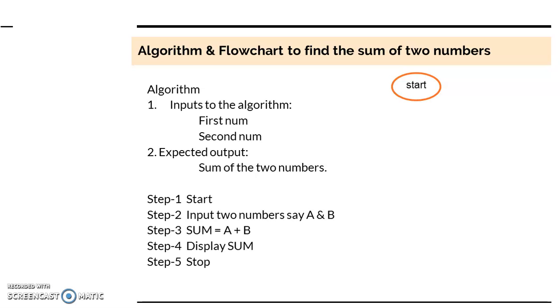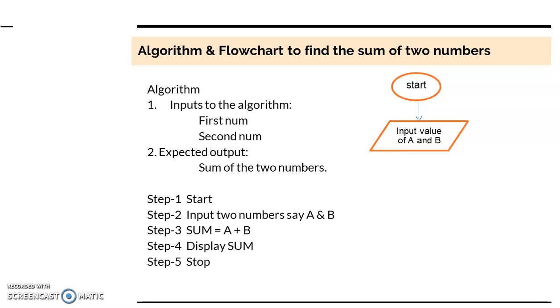Yeah. So our first step in the algorithm is to start. So we have started our flowchart using an ellipse. Our second step is to input two numbers, say a and b. So over here we are reading the values of variables a and b, so we have to use a parallelogram. That means input values of a and b.